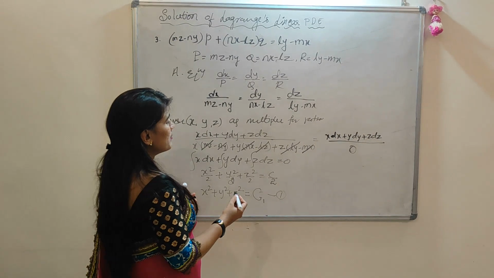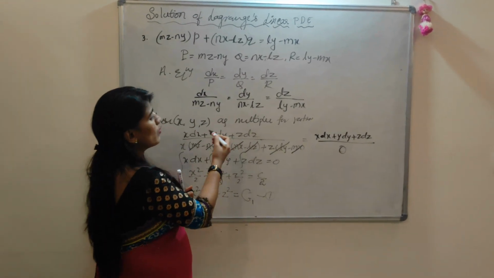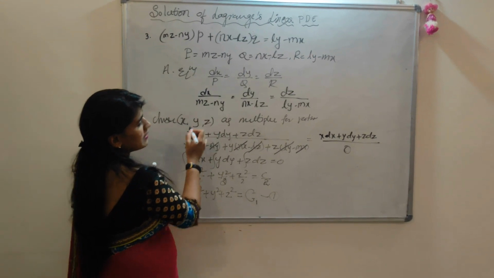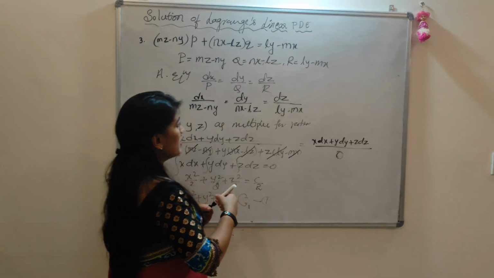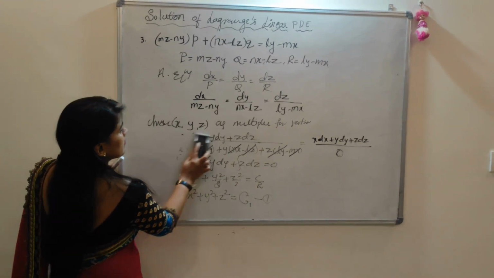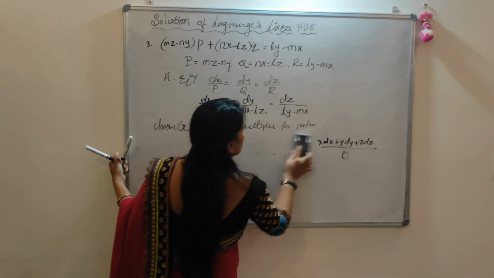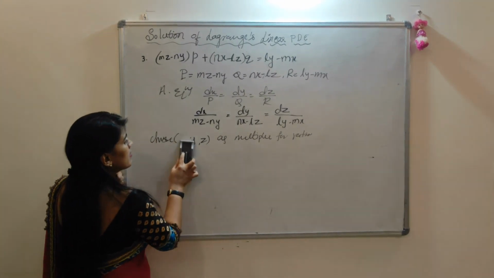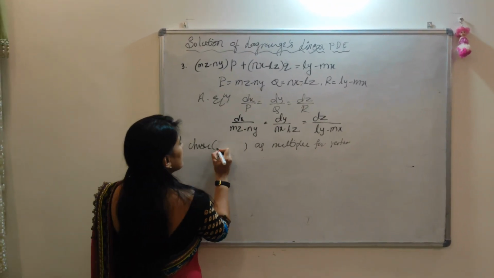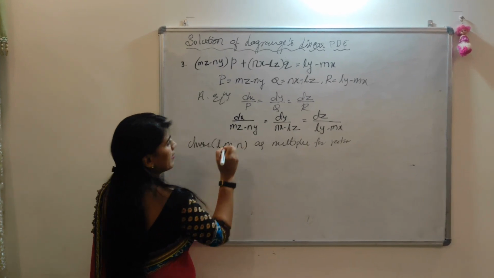After that, similarly, we have to select one more set of multipliers. I will select l, m, n as multipliers for the ratio. Secondly, I will choose the multipliers as l, m and n.